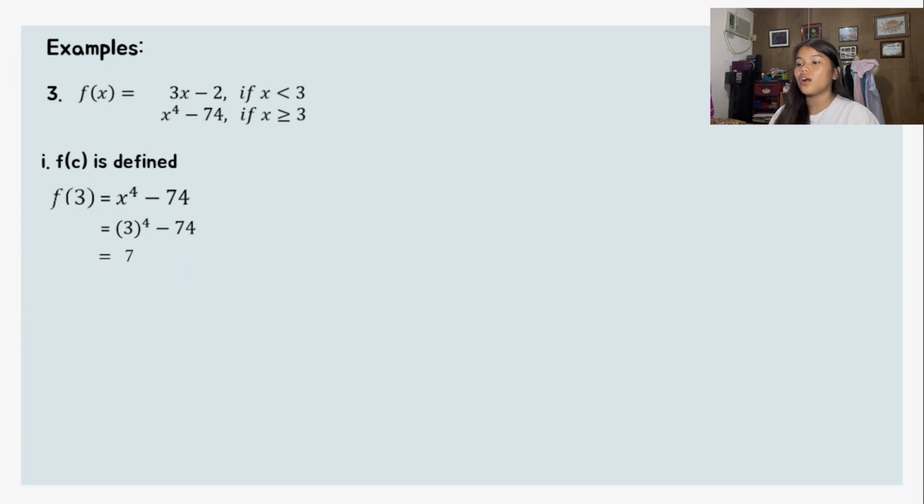So since we are already done in defining our f of c, let us proceed to step 2, which is the limit f of x exists. So again, let us start with the left-hand limit, which is the limit f of x as x approaches 3 negative. So 3 negative means less than 3.